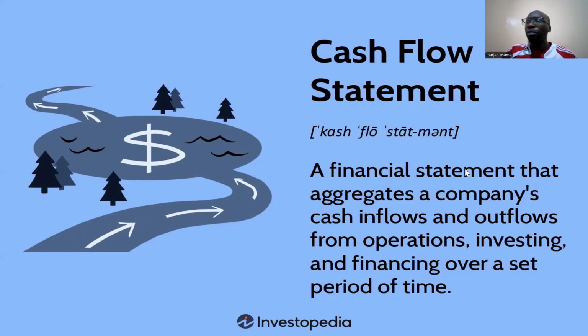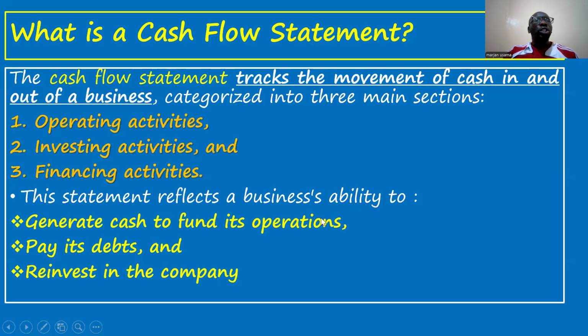Now, what is the cash flow statement? It's a financial statement that aggregates, which means brings together, a company's cash inflows and outflows from three things: operations, investing, and financing over a set period of time. That is the definition of the cash flow statement.